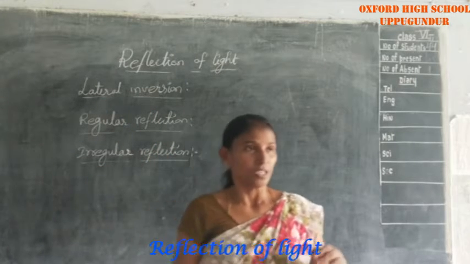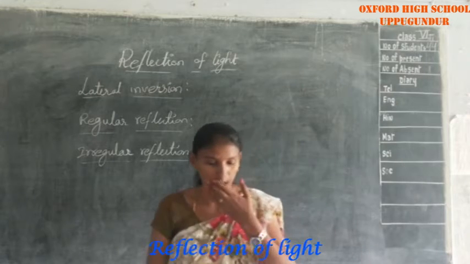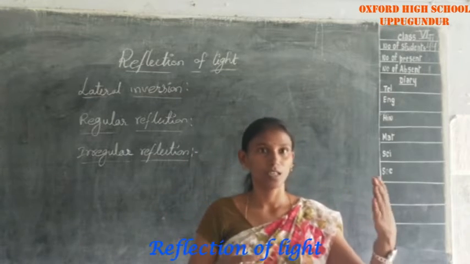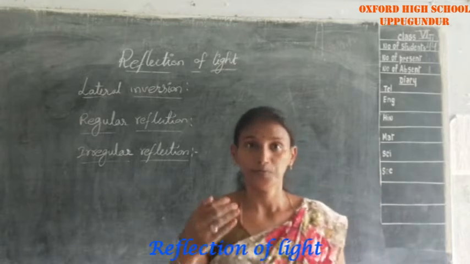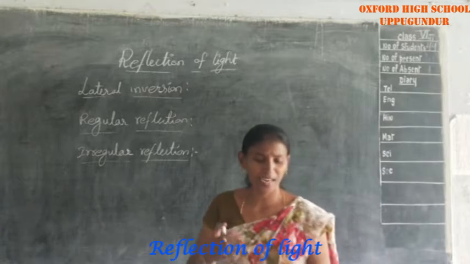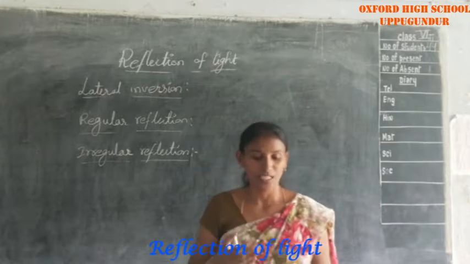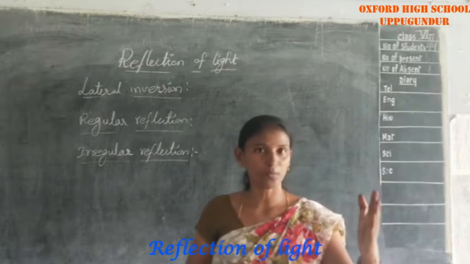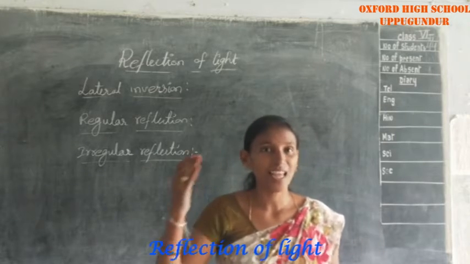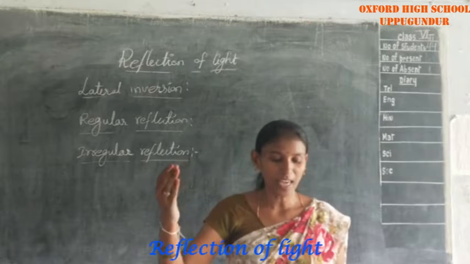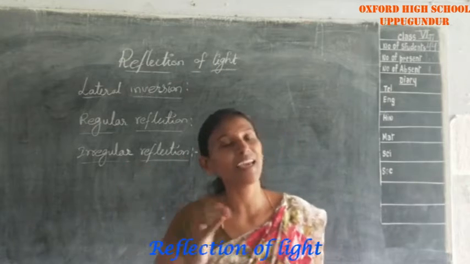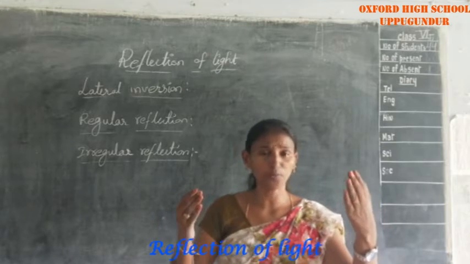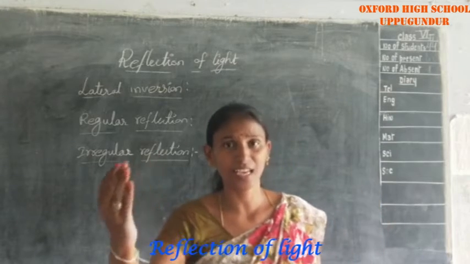That means in the image formed by a mirror, the right of an object appears as left, and the left of the object appears as right. Yes or no?